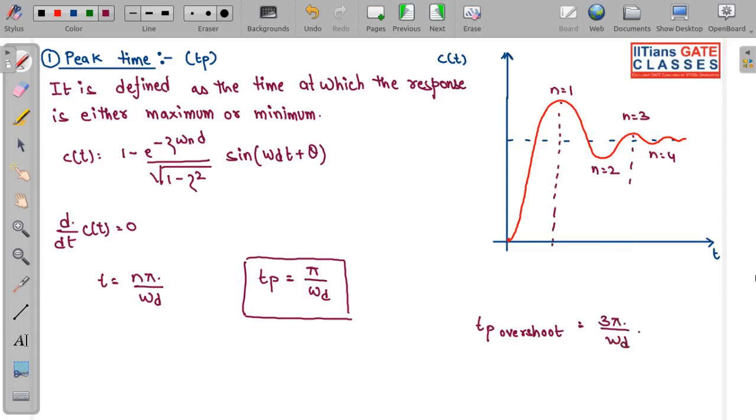Similarly, you can derive for all the undershoots also. For the first undershoot, it will be equal to 2 pi by omega d. So you can calculate it like this.